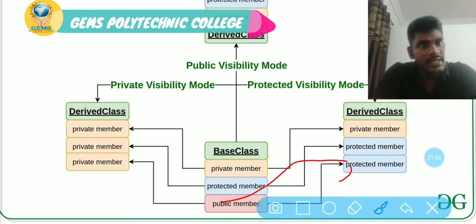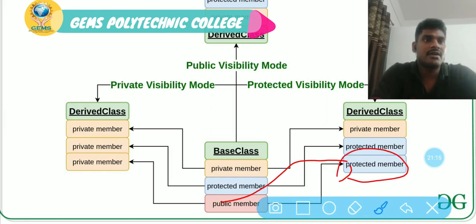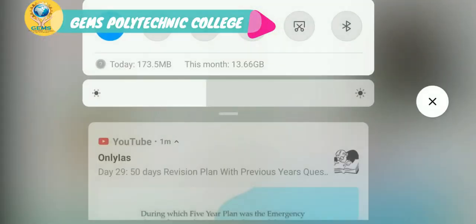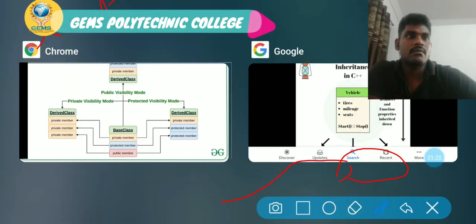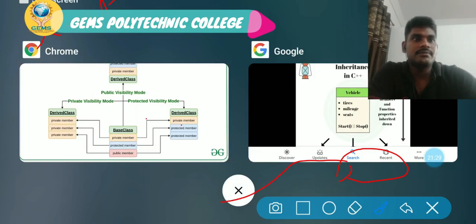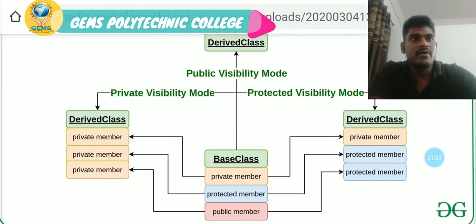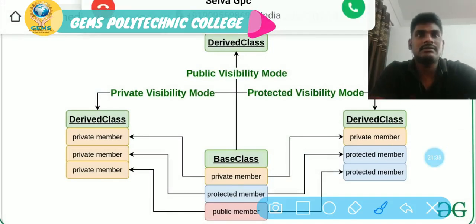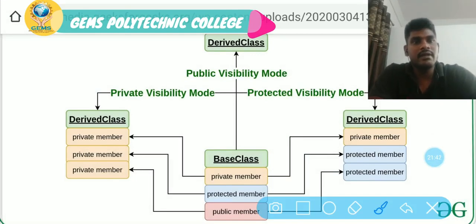For example, a base class public property in a protected derived class becomes protected. For example, if you create an int a as public, this int a becomes protected in the protected derived class.